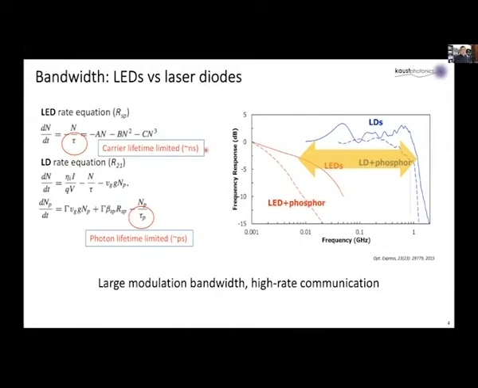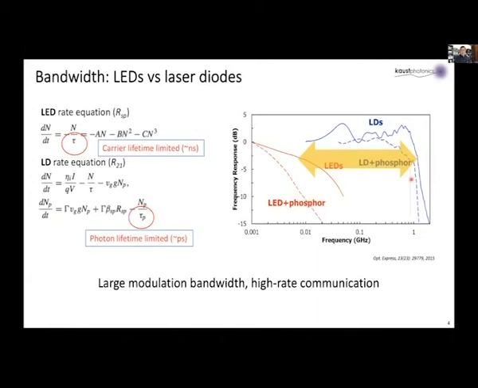In terms of speed, look at the LED rate equations. Speed is very much limited by the carrier lifetime, which is in nanoseconds. Therefore, as the previous speaker mentioned, other than the micro LED, many of the standard LEDs always give a bandwidth of about a few tens of megahertz, and phosphor always gives lower bandwidth than the LED.